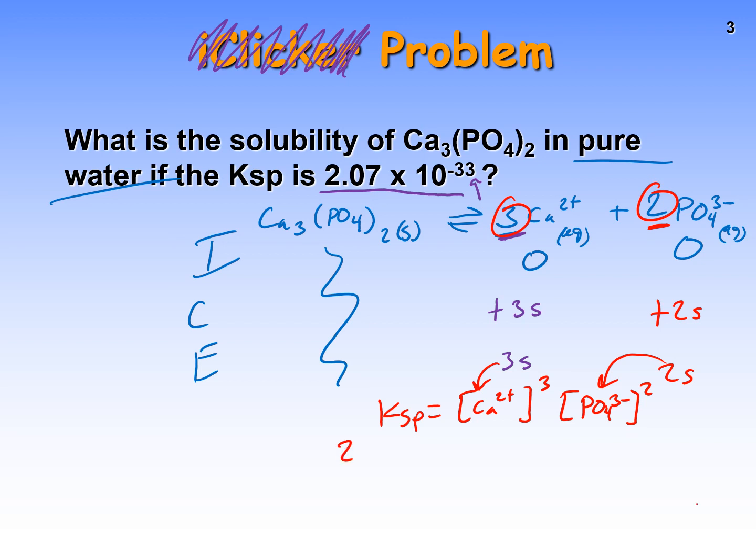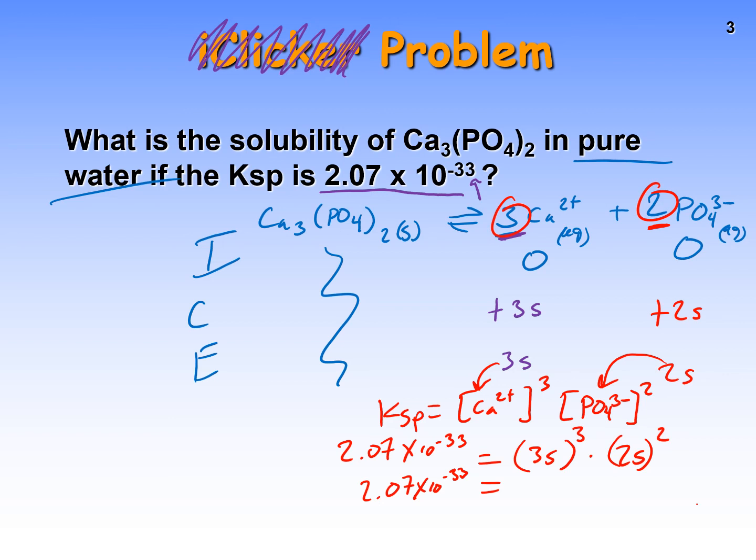I have my Ksp already. It's 2.07 times 10 to the negative 33, and that's going to be equal to 3S quantity cubed times 2S quantity squared, which I can simplify a little bit here. 2.07 times 10 to the negative 33, leave that like it is.